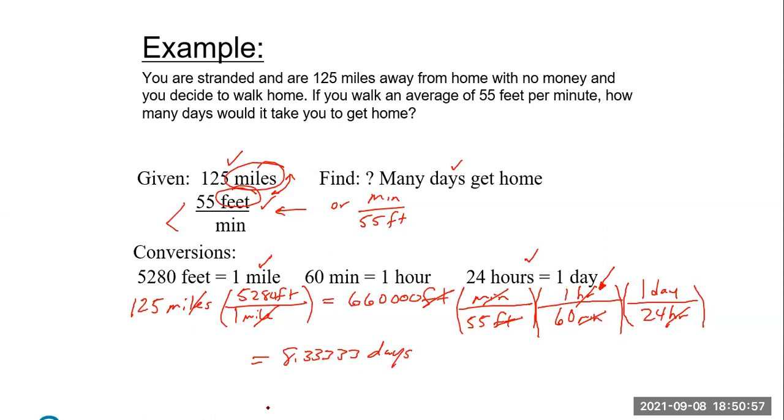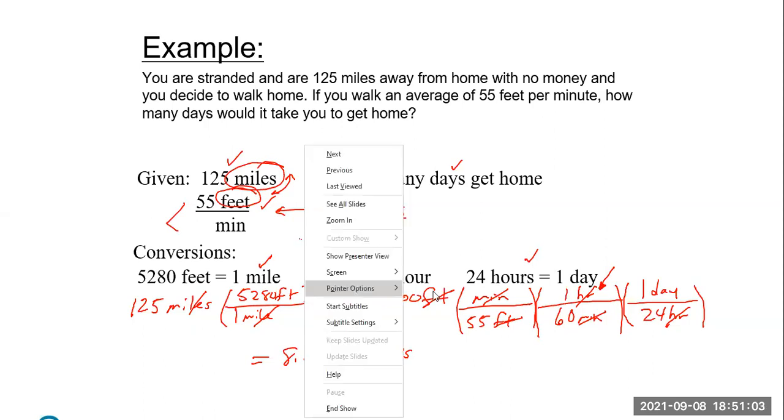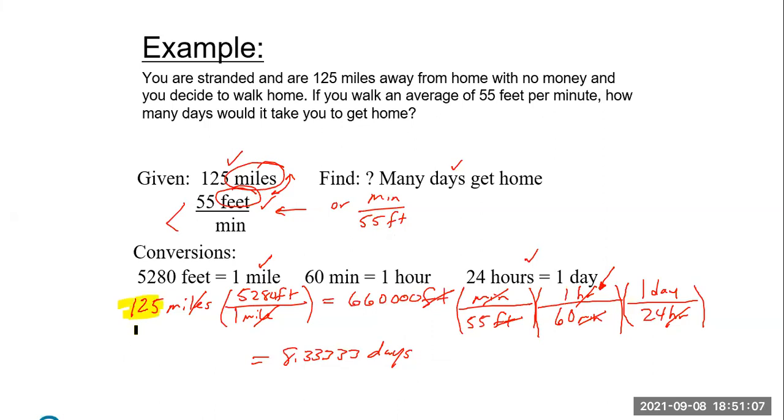So let's talk a little bit about significant figures. There are two numbers we should look at here. The first number that was given to us, I didn't change it on this particular handout I'm looking at. I don't know if I changed it on your handout or not, but sometimes I have 55.0. The way it is here, it is 55 with no 0.0.